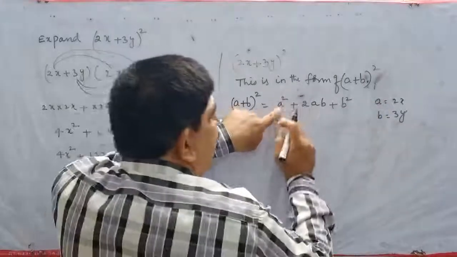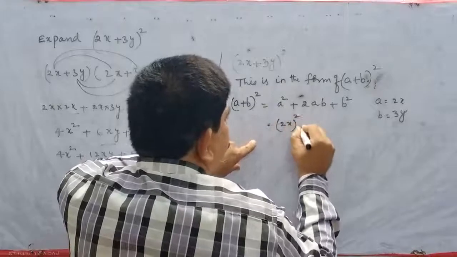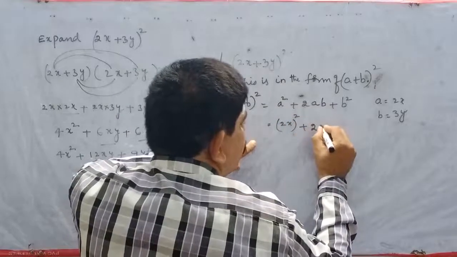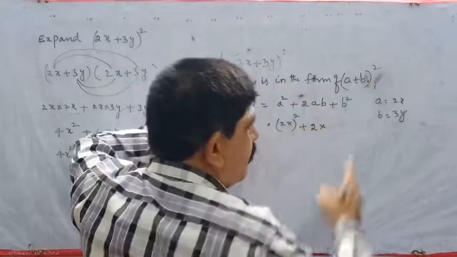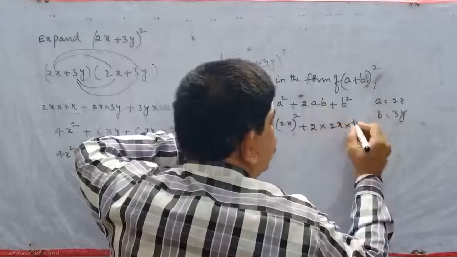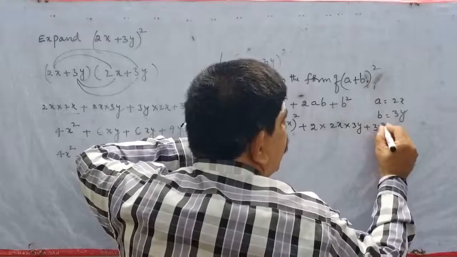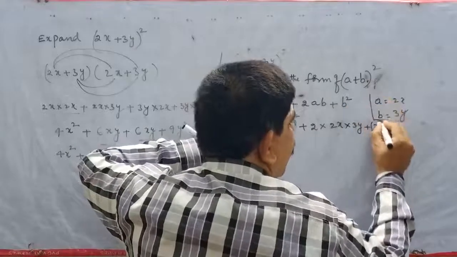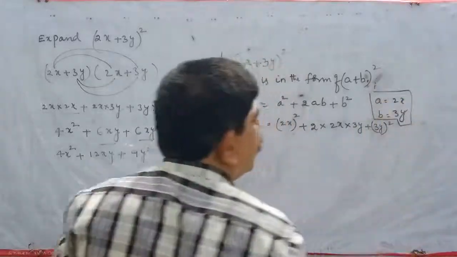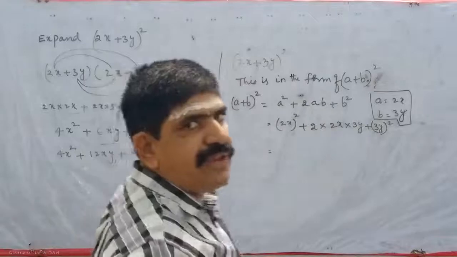Now a square is nothing but (2x) whole square, plus 2ab, 2 into a, 2x, into b, 3y, plus b square, (3y) whole square. Now (2x) whole square is nothing but 2x into 2x.